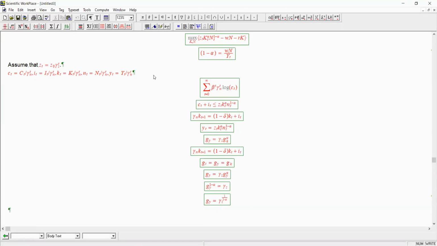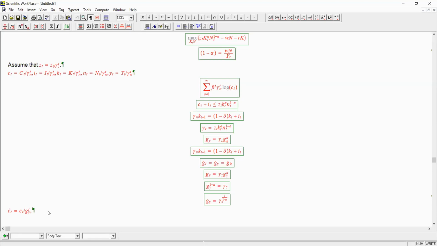Now for this, define the following variables. Define C hat as little c divided by g_y to the t.